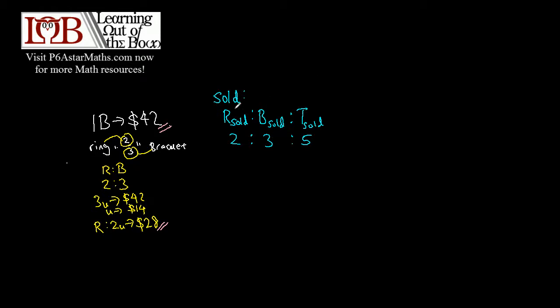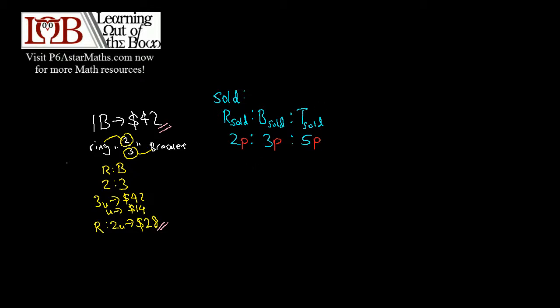And in this case, because I do not want to put U because it may confuse you with this U, I just put it as parts. Okay? And in this case, as we know the value of each ring and the bracelet, and we know that a certain portion is being sold, this is a number of units times value concept.